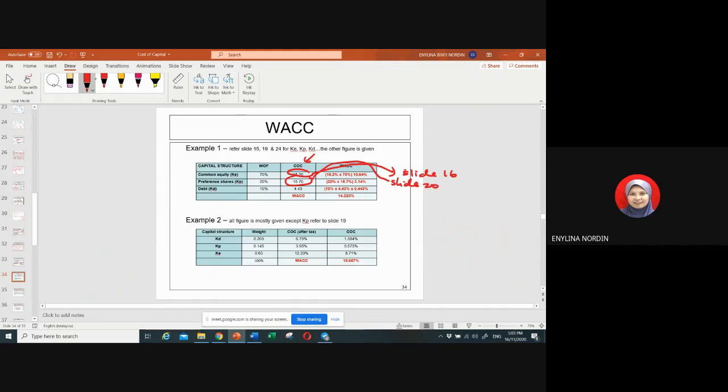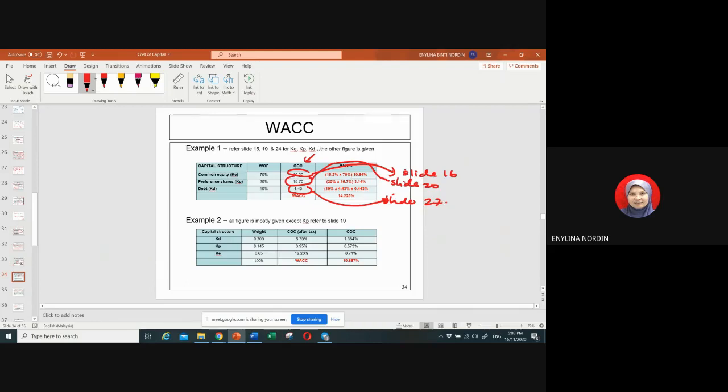And for cost of debts, 4.43, we go to example 1, the example of the redeemable debts, which is on slide 27. So this is the cost of capital that we have calculated before.